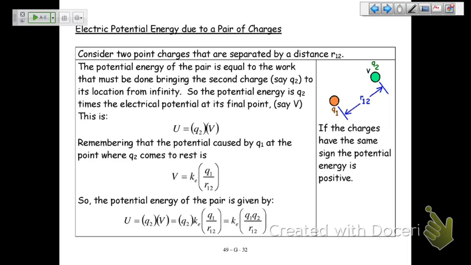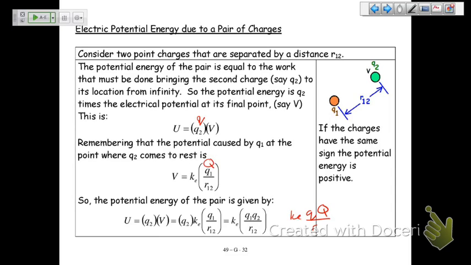Electric potential energy due to pairs of charges. We know my potential energy is q times my voltage. I know my voltage is Ke Q1 over r. I prefer little q's and big Q's. I don't know why, but I do. So I end up with Ke little q, big Q over the distance between them.